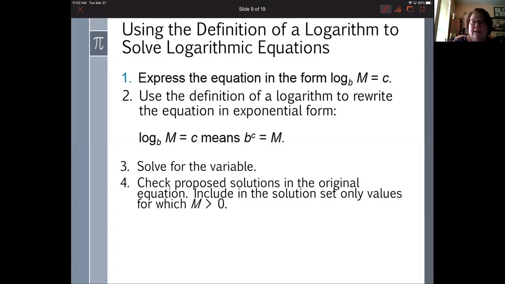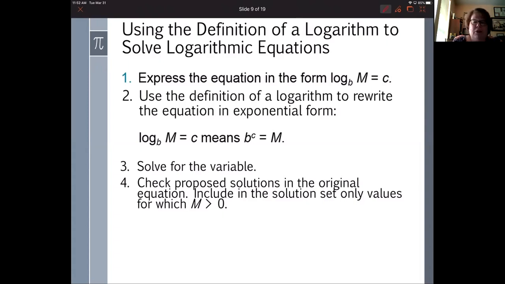Remember, the logarithm is the exponent that you raise that base to get the value you're taking the log of. So log base b of m equal to c: c is the exponent you raise the base b to get m. So b to the c equals m is the exponential equivalent to that logarithm.